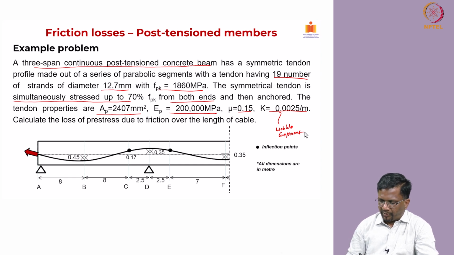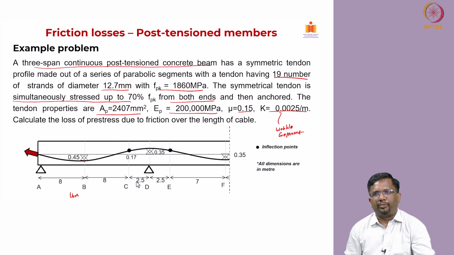The first span is 16 meters, with the point of inflection in the middle, and the cable profile at a distance of C, for example, the first span is actually 8 plus 8 plus 2.5, so 16, 18.5, and then the next span is again a symmetrical thing.